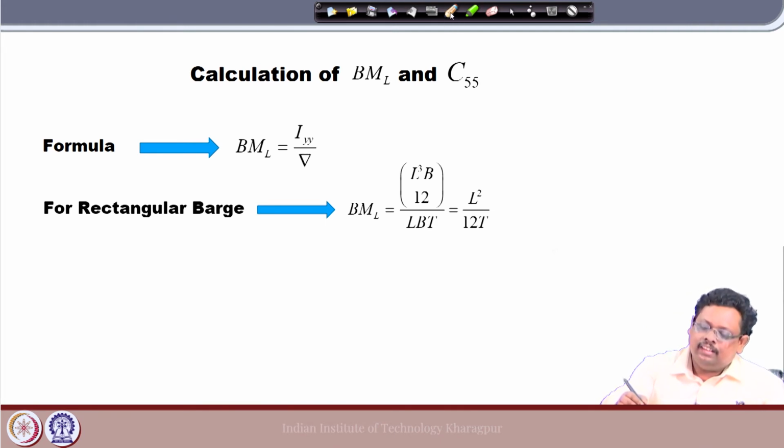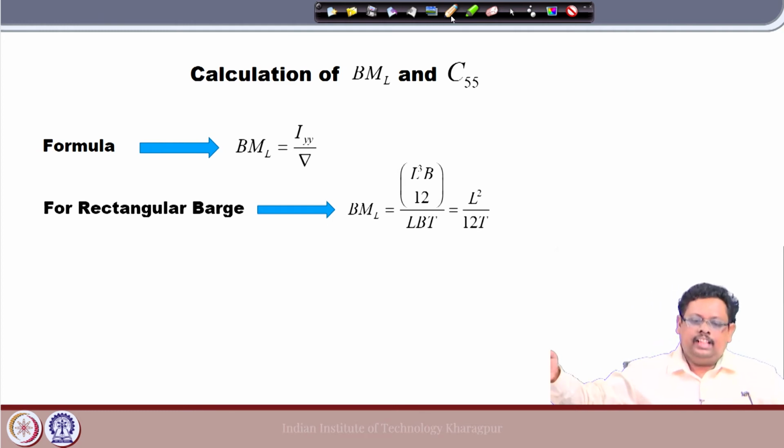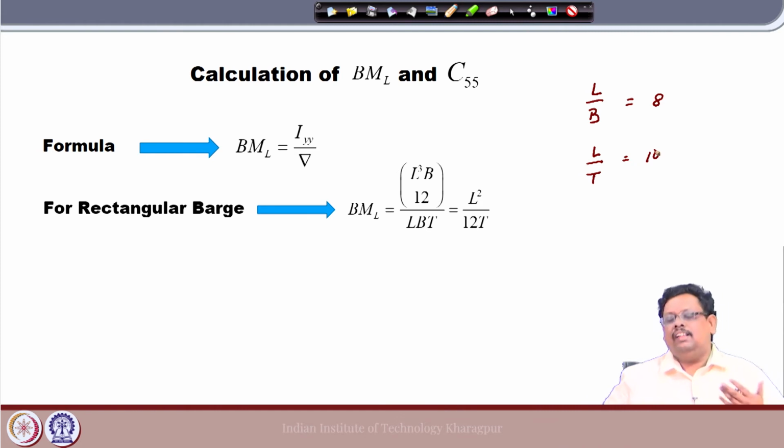This sort of idea is very essential for an engineer, like what the ratio should be between the length of the vessel and the draft or the beam of the vessel. Normally it varies, but L by B you can take as 6 or 8, or L by T you can approximate by 10 or so. This is a rule of thumb that you can use.